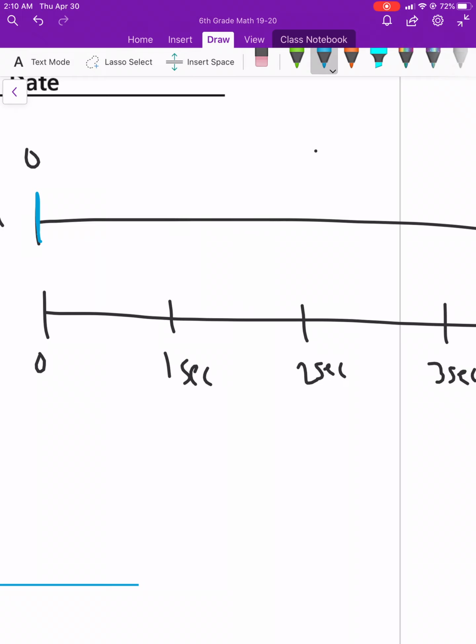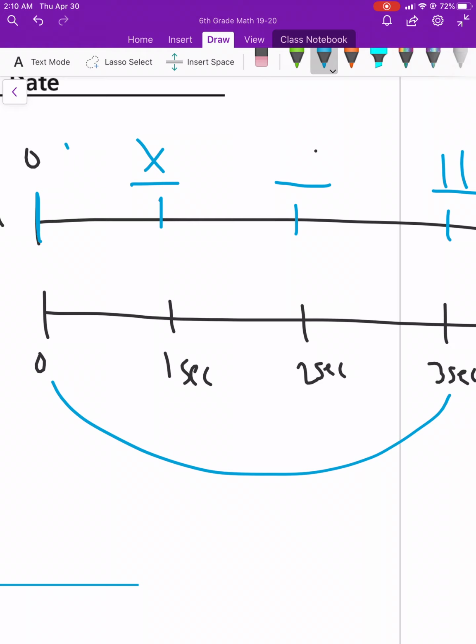We have 1, blank, blank. We don't know how many feet this is, right? So let's call this X. We don't know that number. We don't know this one, but we do know that one. It's 11, right? For every 3 seconds, 11 feet was traveled, okay?